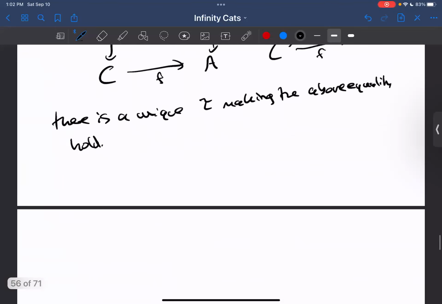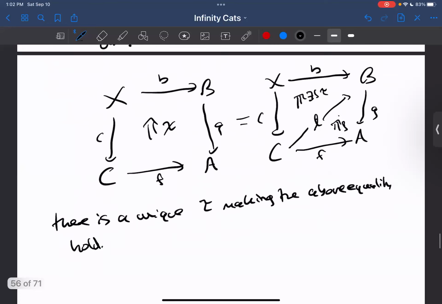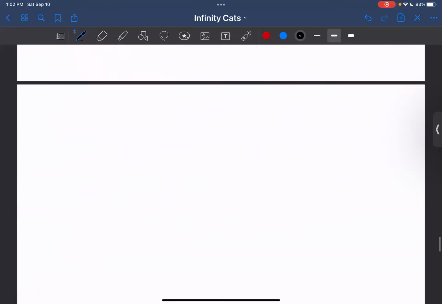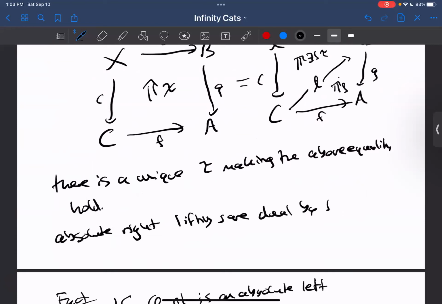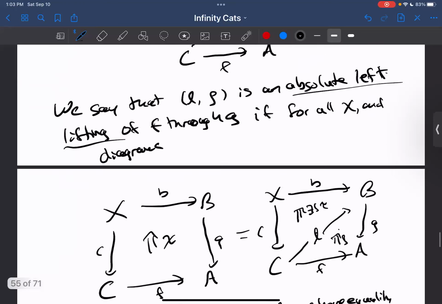So in particular, here's some useful facts about it. If L, rho is an absolute left lifting, also dually we have absolute right liftings, dual by taking all of these natural transformations going down instead of up.